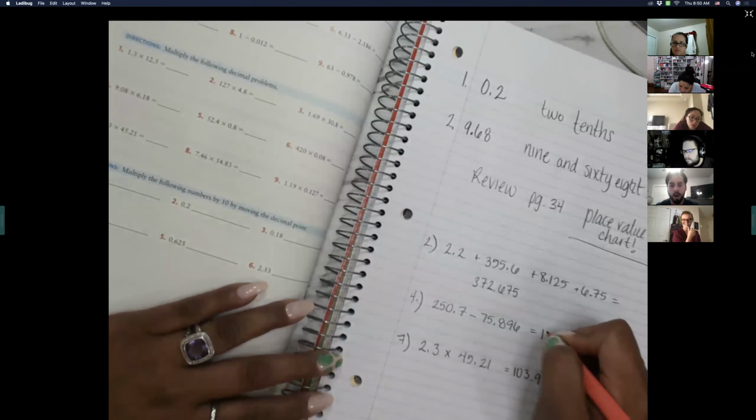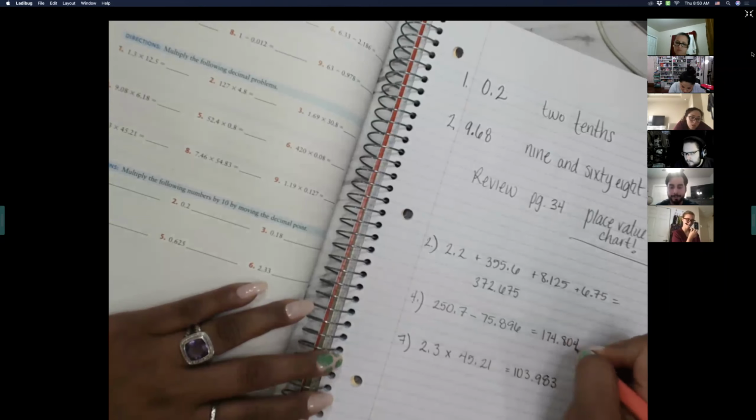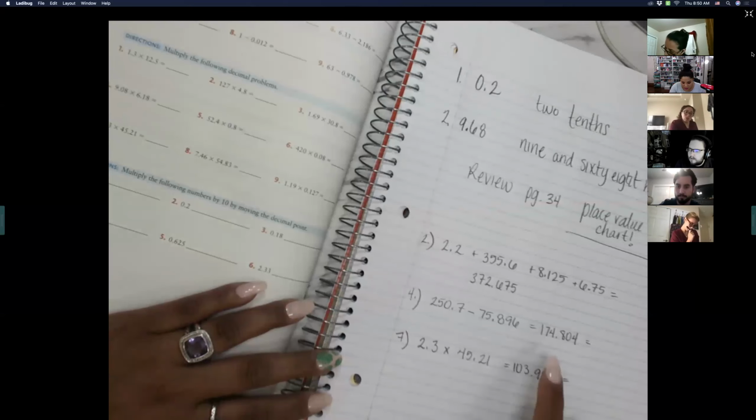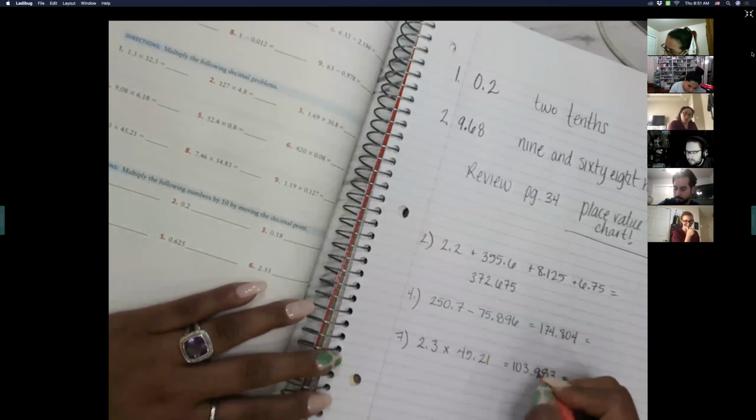Okay, so quick review. This was 174.804. I want everyone on your paper to round to the hundredths place. So take this number 4 and the answer to number 7 and round your answers to the hundredths place.